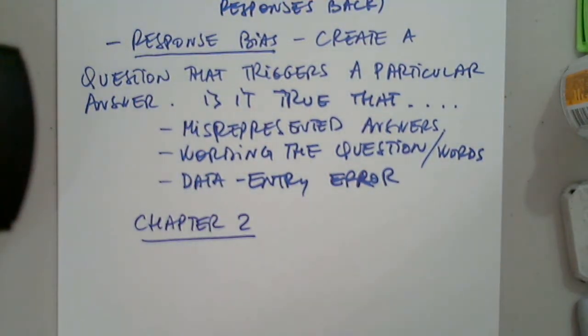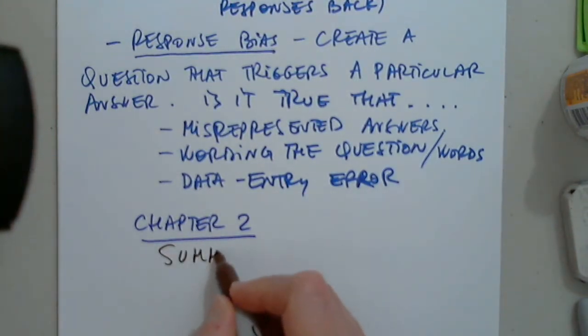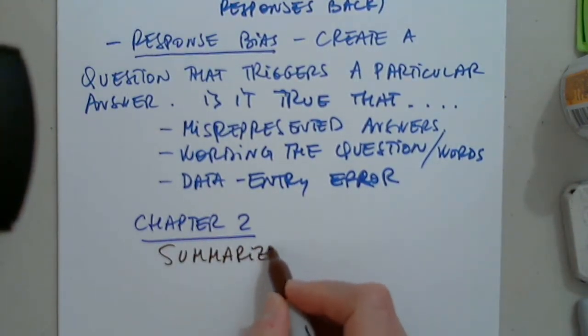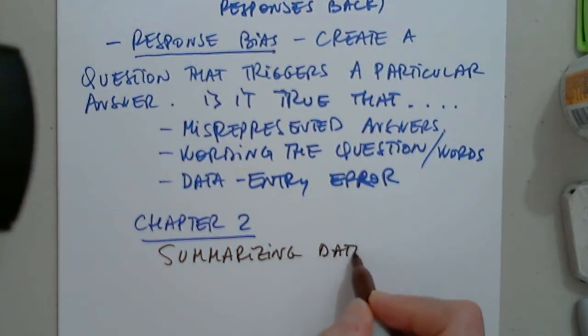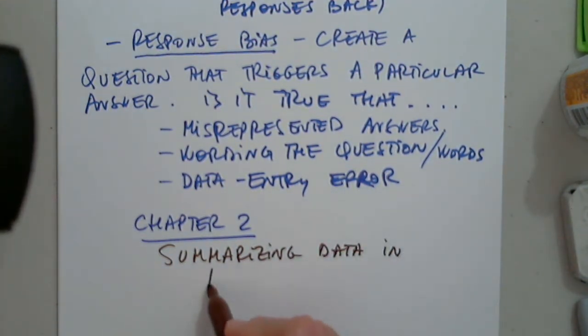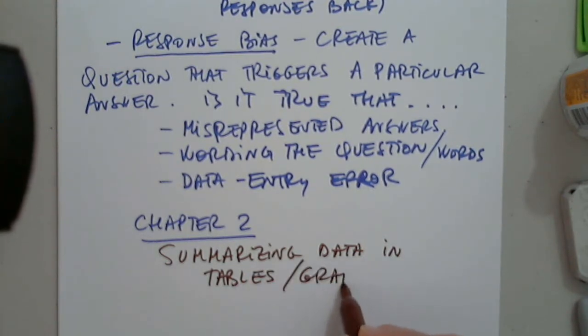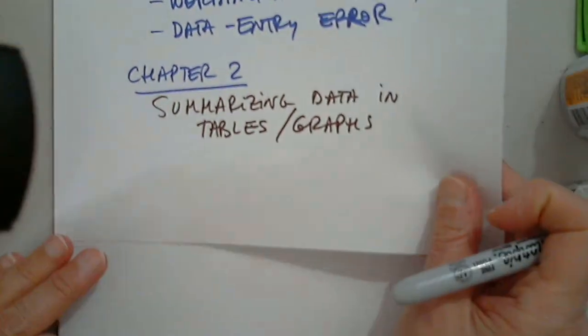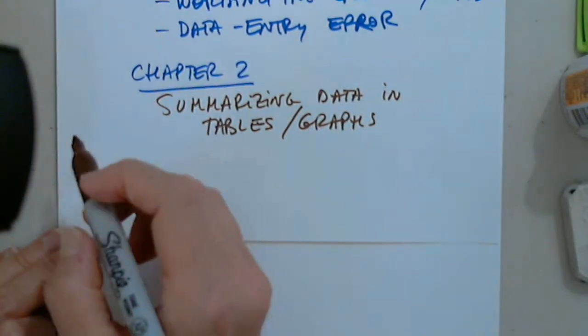And in chapter 2, we're going to talk about summarizing data in tables, graphs, etc. In 2.1, we're going to start with qualitative data.